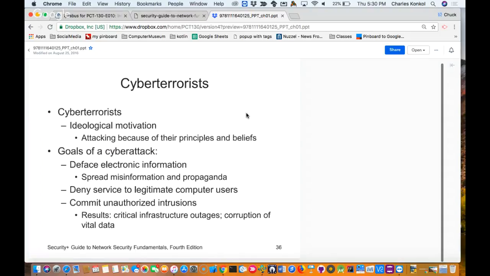So I think sometimes when people think of ideological differences, they think of religion only, which definitely is the case for sure. But there's a whole host of reasons, a whole host of ideological differences and beliefs that people have. Goals of cyber attack are basically to deface information and spread misinformation, denial of service, unauthorized intrusion.